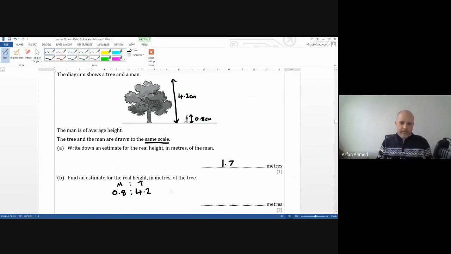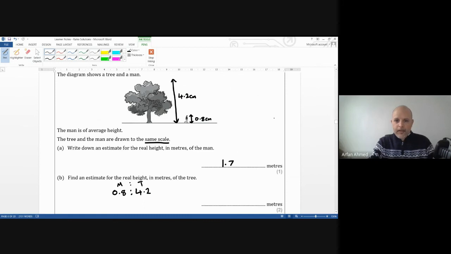Because it's drawn to scale, what you do to one side you've got to do to the other. So if you double the height of the man, you double the height of the tree, and so on. This is obviously in centimeters. You don't measure trees in centimeters though.